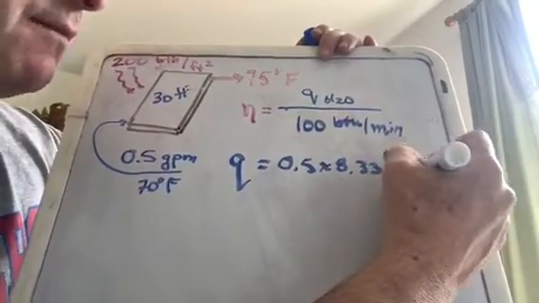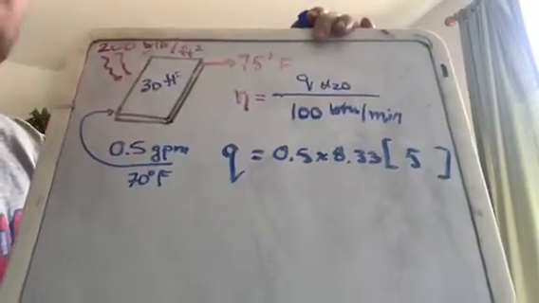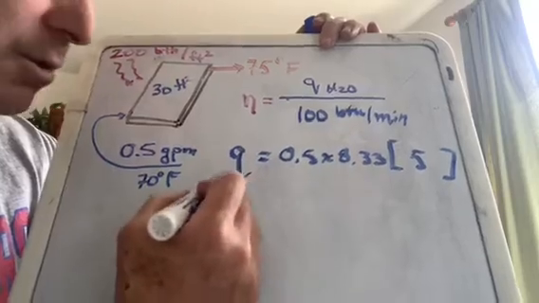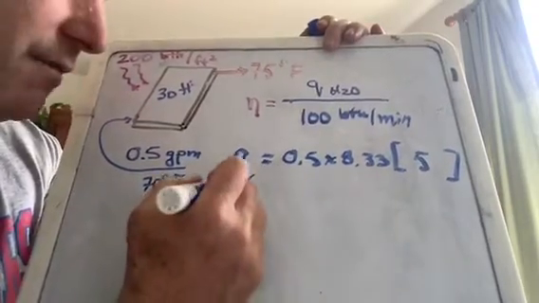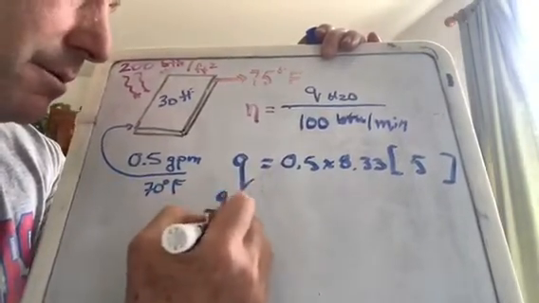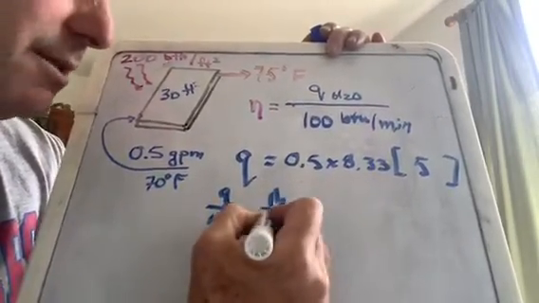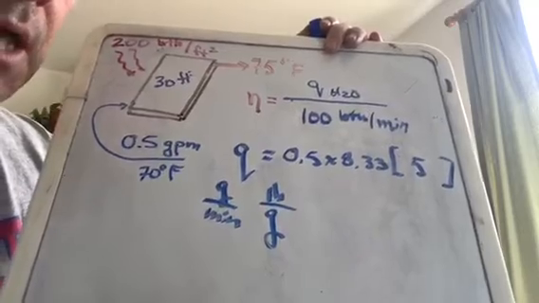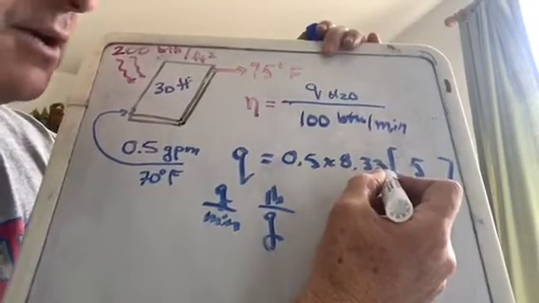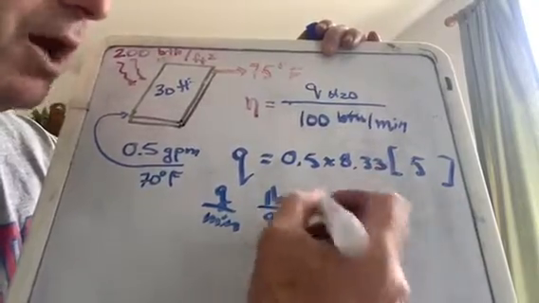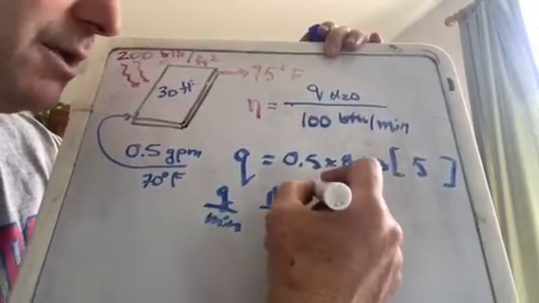All right, let's just check to see whether those calculations are going to be correct by doing the units down below. So the 0.5 is gallons per minute. The 8.33 is pounds per gallon. I neglected to put the specific heat in there, and the specific heat of water is 1, so I should have put it in there, but anyway, I'll get it there now.